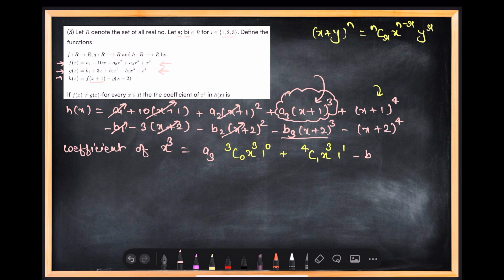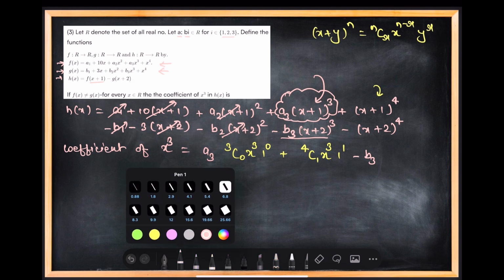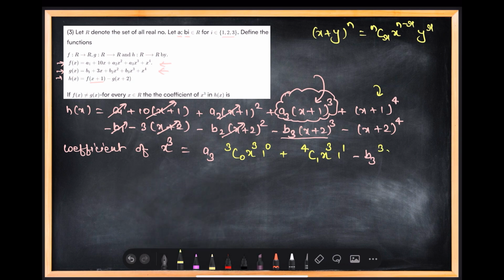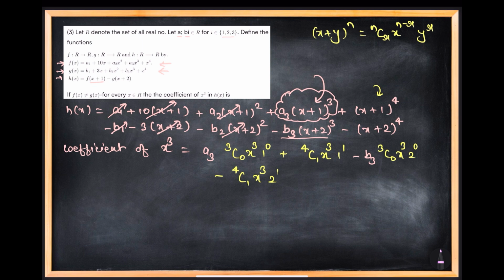Now minus b3, we keep power 3, so it is 3C0 x power 3 2 power 0, and then minus 4C1 x power 3 2 power 1. We are interested only in the coefficient, not the variable x, so we will remove the variables.